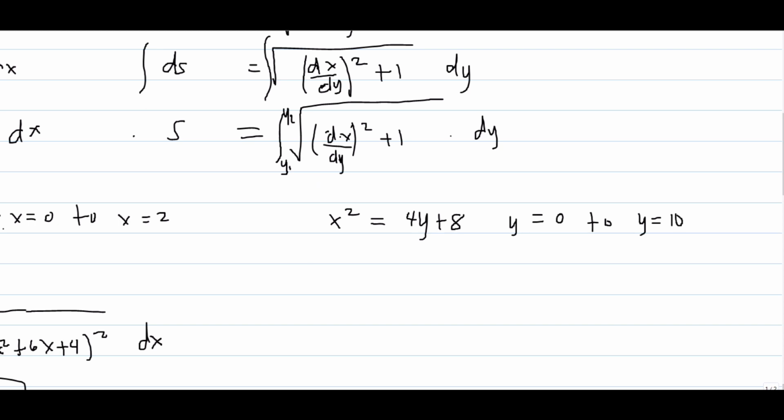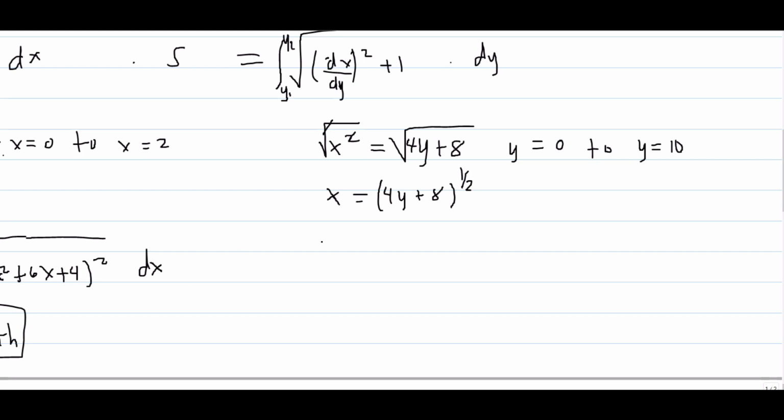Since we need dx over dy, we need to take the first derivative. First thing to do is take the square root of both sides, then cancel out. Then x is equal to the square root of 4y plus 8, or the quantity 4y plus 8 to the power 1/2.